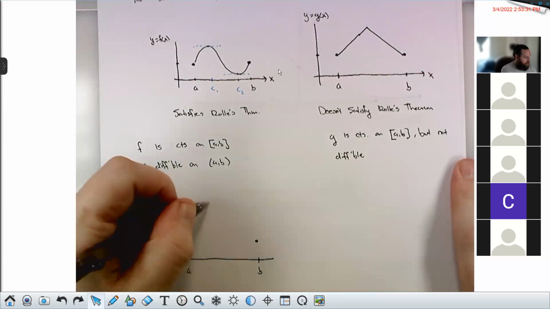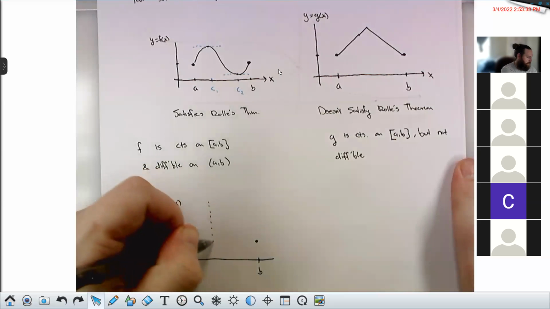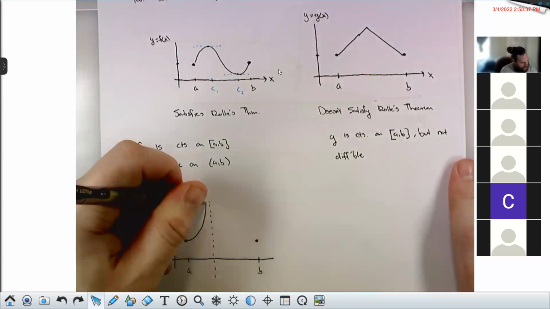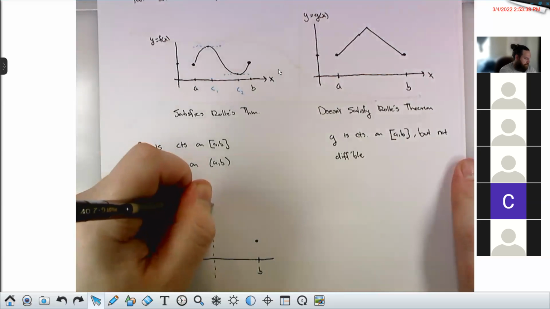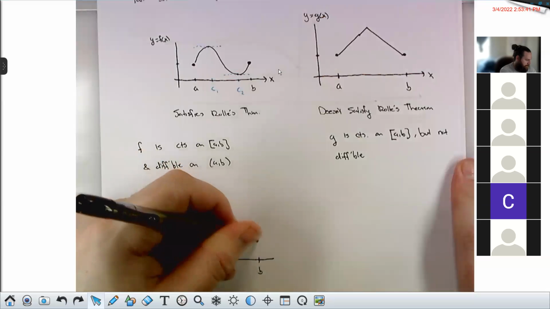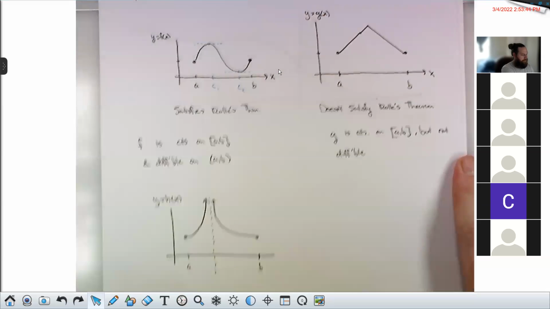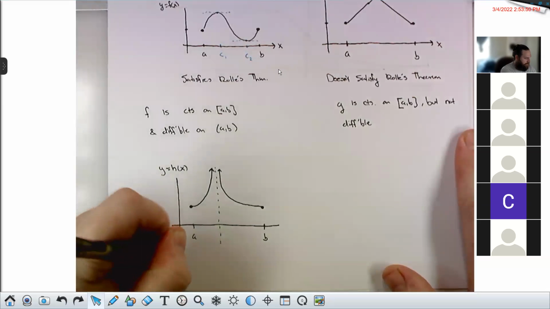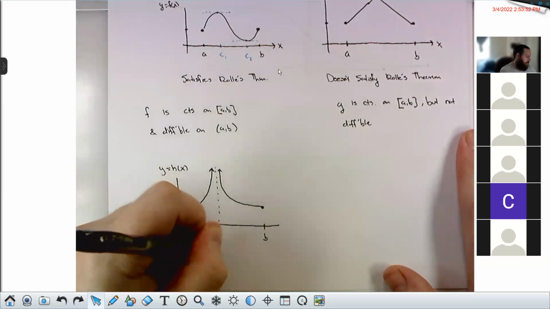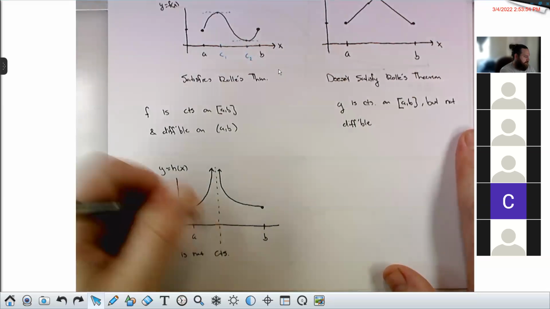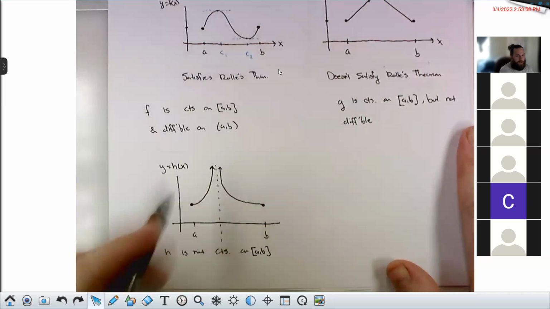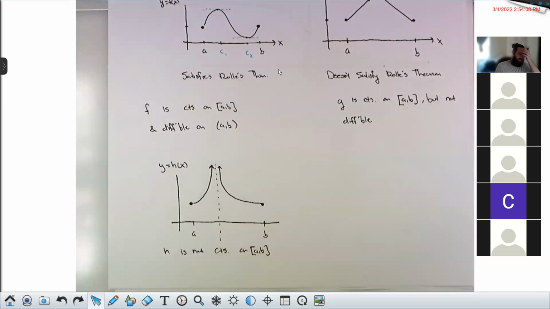One option is to throw a vertical asymptote in there. So here that discontinuity is enough to get rid of the horizontal tangent line. h is not continuous on [a, b]. And there are many, many variations on this.